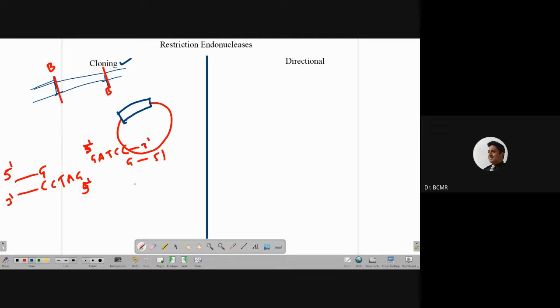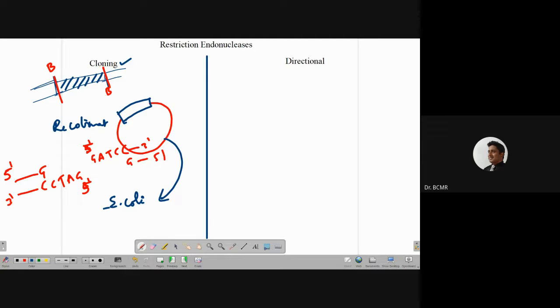What do you mean by cloning? Say, for example, this is the gene of interest. We want to make multiple copies of it using E. coli, for example. Then we can construct a recombinant DNA such as this, and we transform this into E. coli or whatever organism you may have. E. coli is the most often used one.